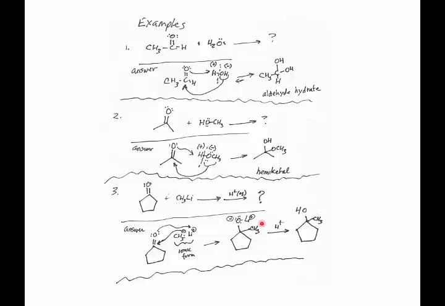And generally speaking, we don't stop there. We don't try to isolate or purify the salt because that's hard to do and they have no real value. So we almost always do either an acid or base workup to convert that salt to a neutral compound. And that's what we're doing here, converting the lithium alkoxide salt to an alcohol.